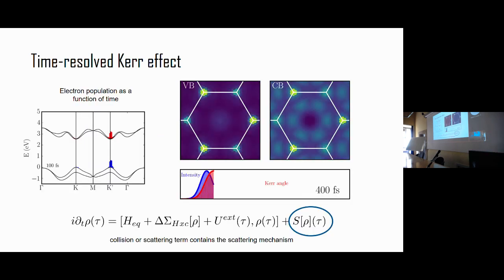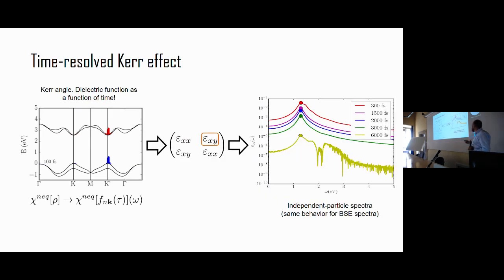So basically, what we did is you go with a circular pump, you populate here, and then we leave the system to relax, and we can see that at the beginning, valence and conduction band are populated only in 3 corners of the hexagonal Brillouin zone, and then with time, you get a homogeneous population. But to get the homogeneous population, of course, you need to put in the right scattering mechanism. So that is what we do.